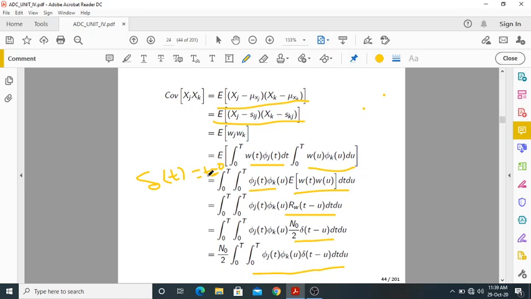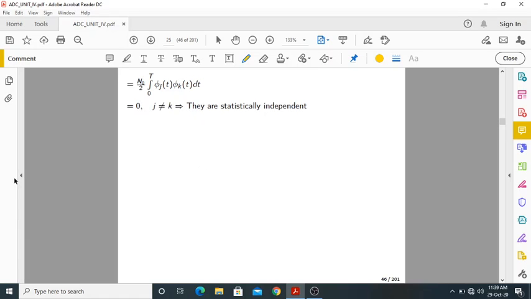These are the properties of the Dirac delta function. In place of t, I have t minus u, so whenever t minus u equals 0, this is defined. When t is not equal to u, the entire function will be 0.